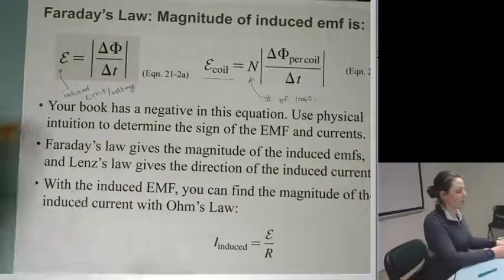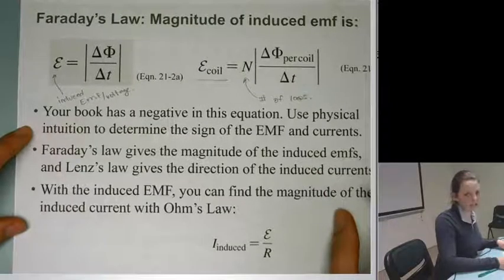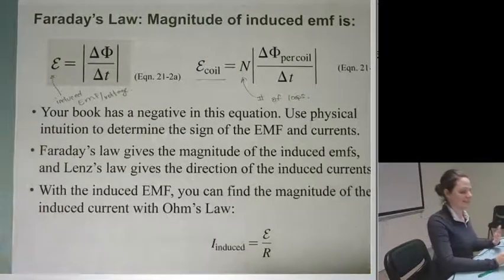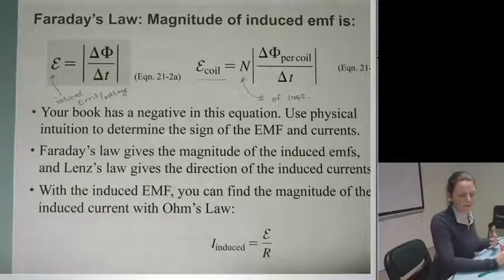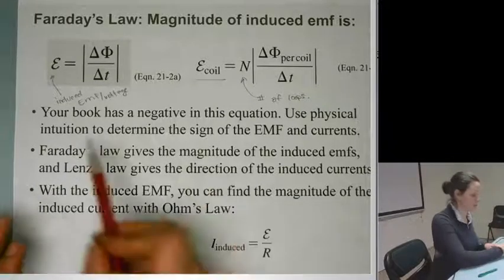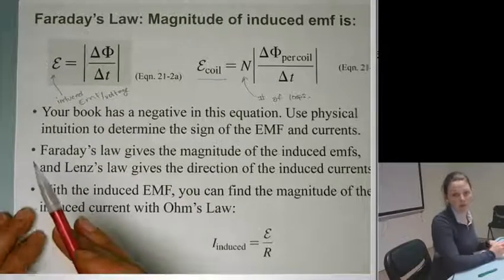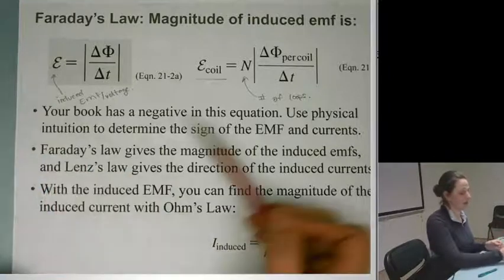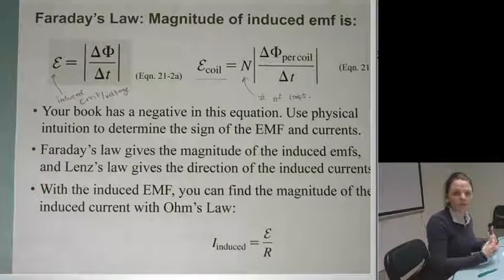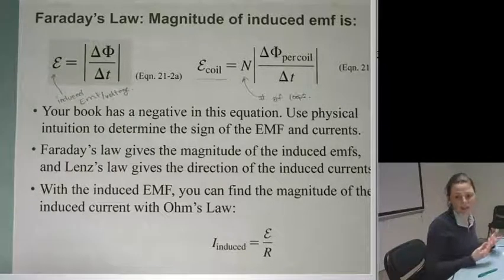Your book puts a negative in this equation. The reason they put that negative in there is because of Lenz's law. Lenz's law says that the induced current and the induced EMF will oppose the change. So it's a way of taking into account that whatever's going on with the induction is going to be opposite. I don't like that negative.